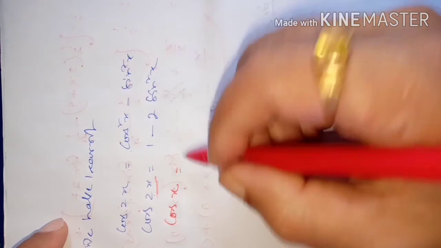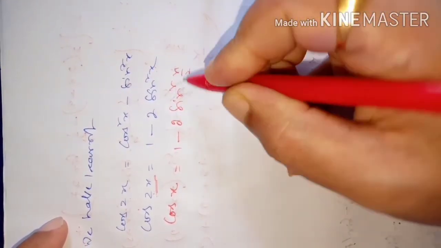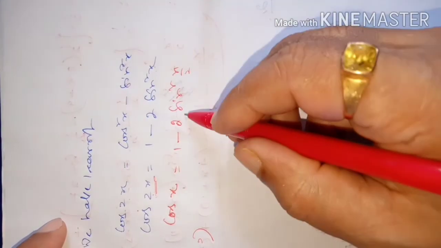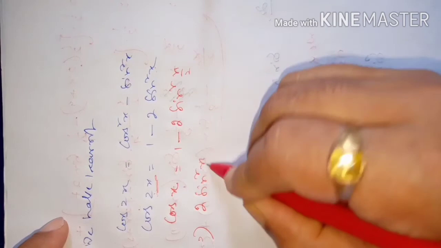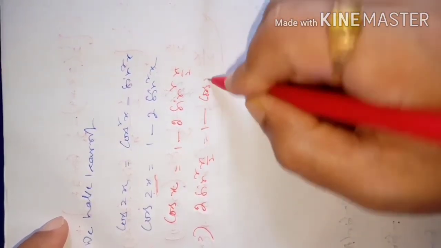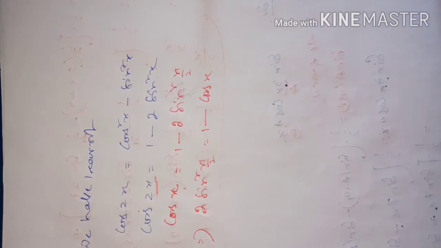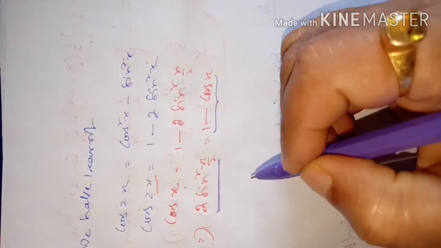Here it is x, then it will be 1 minus 2 sin square x by 2. If I take 2 sin square x by 2 to this side and cos x goes there, it will be 1 minus cos x. So 1 minus cos x can be replaced by 2 sin square x by 2.